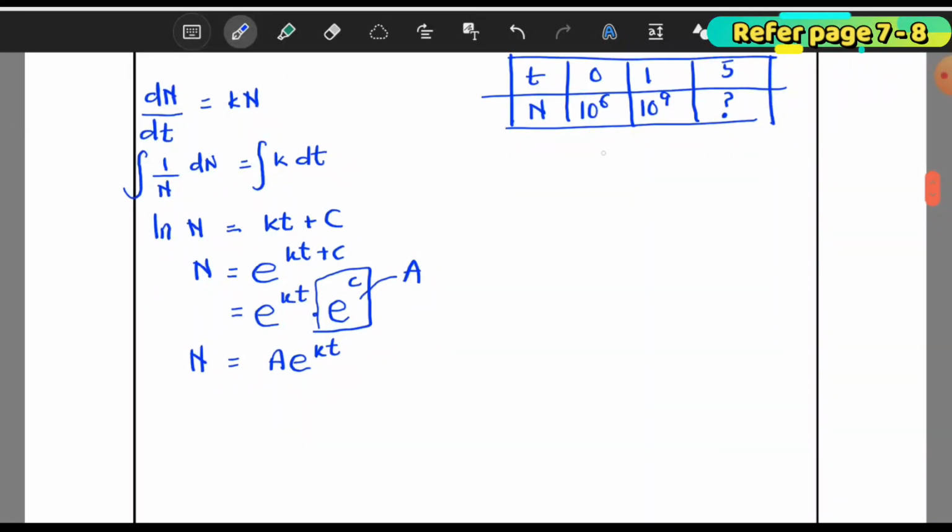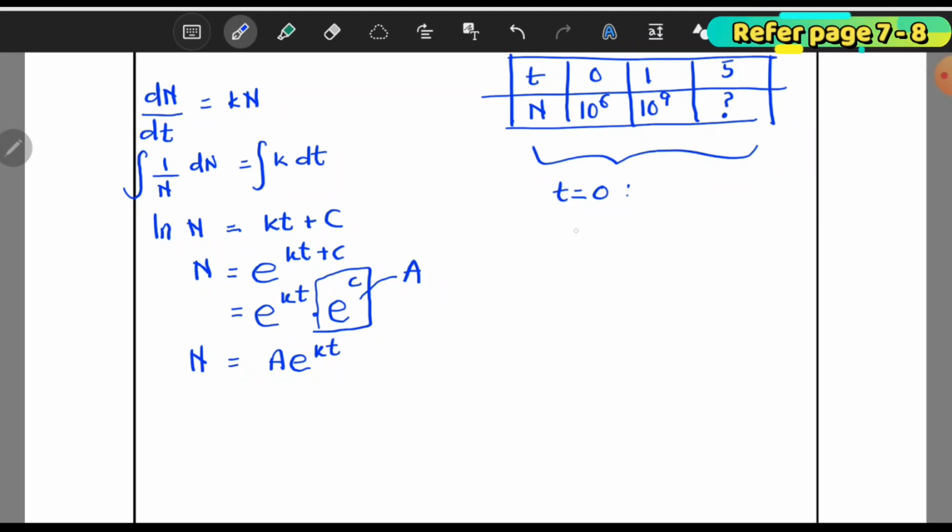Now we will use all the given information. When t equals 0, n is 10^6. So we substitute into the general solution.